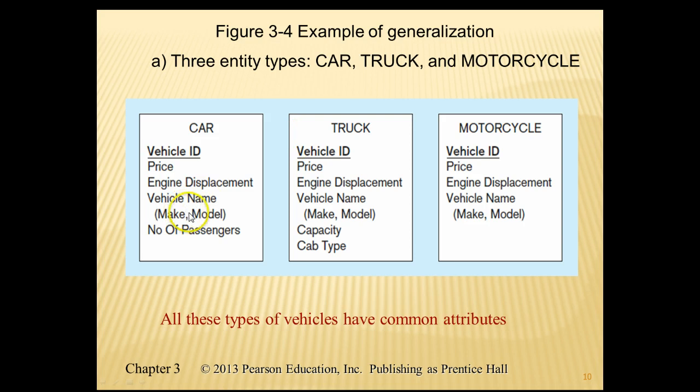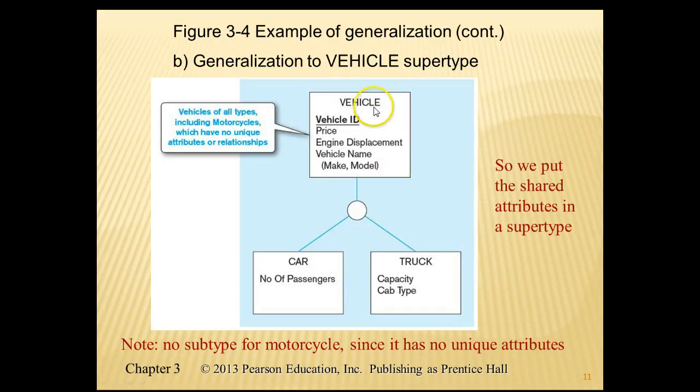So we could probably break these down and create one supertype and call that vehicle, and have the same attributes, which is vehicle ID, which is going to be our primary key, and price and engine displacement and make and model. And then below we'll have the subtypes of car, which includes the number of passengers, and then truck, and then we'll probably also have a motorcycle entity out there.